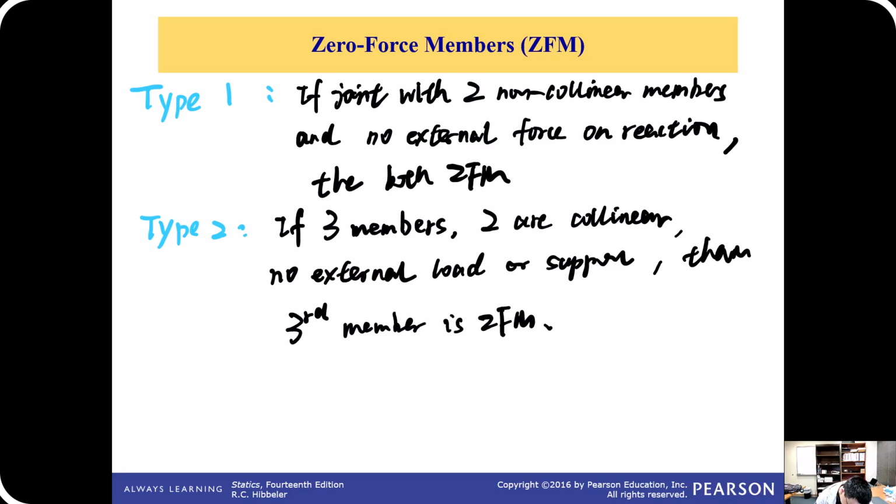And when we are doing truss analysis, the zero force members can be excluded from the analysis.